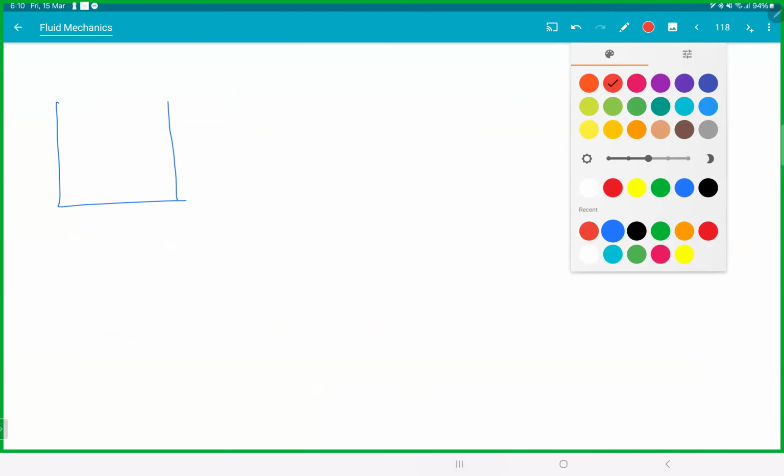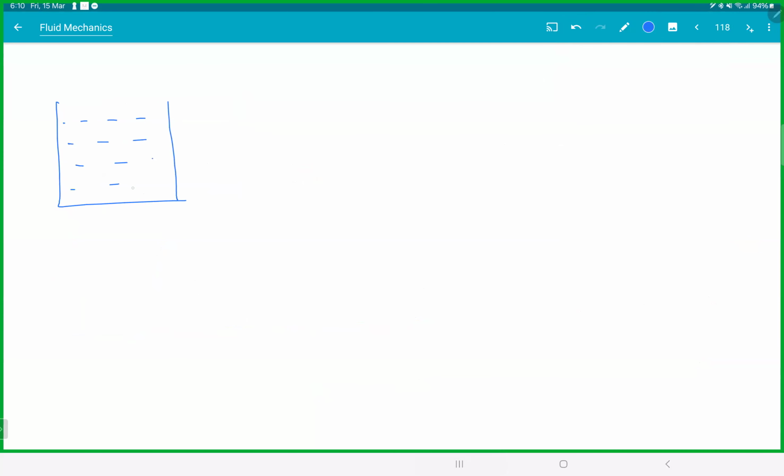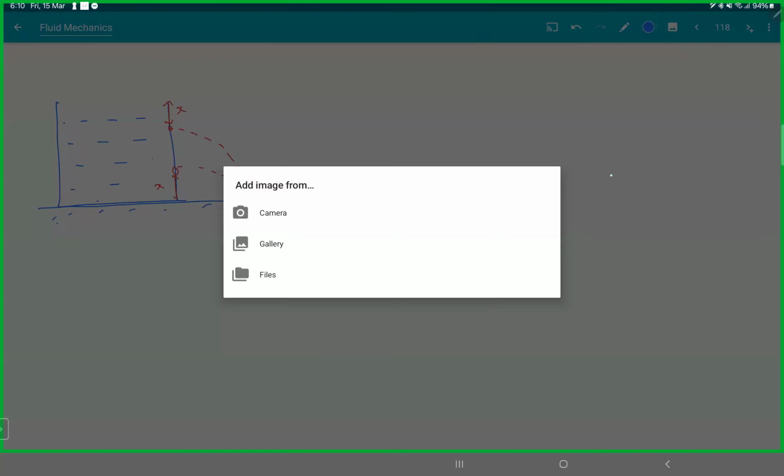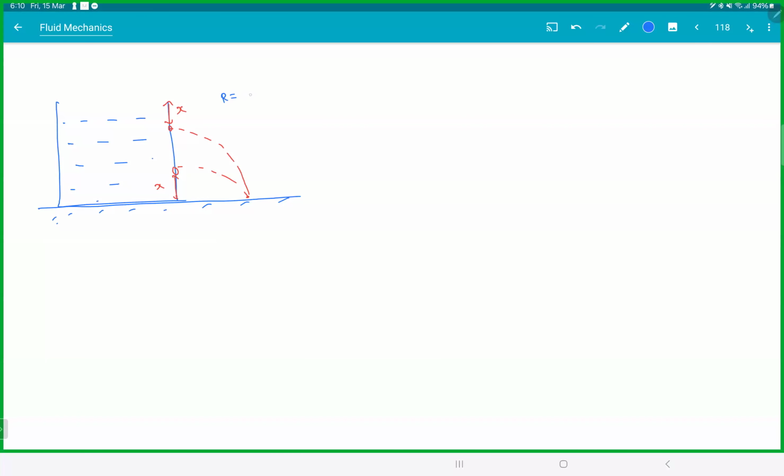So if you take fluid here, and make a hole at a distance x from the top, or make a hole at a distance x from the bottom, you will observe both of them have the same range if it is at ground level. A simple reason: for the upper one, velocity will be root 2gx, time of flight will be root 2(h minus x) by g. For the bottom one, you'll have less velocity but more time of flight, meaning more velocity and less time of flight for the other.